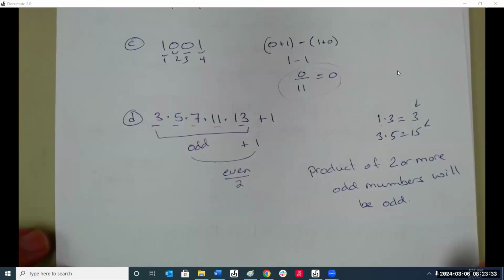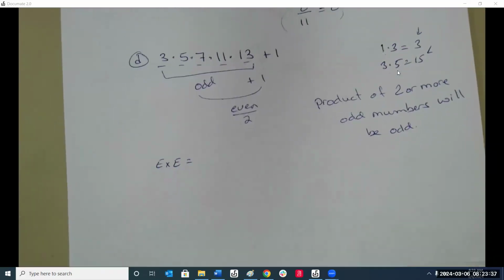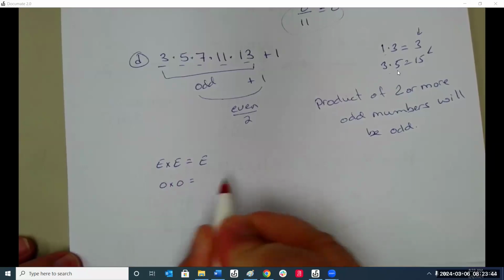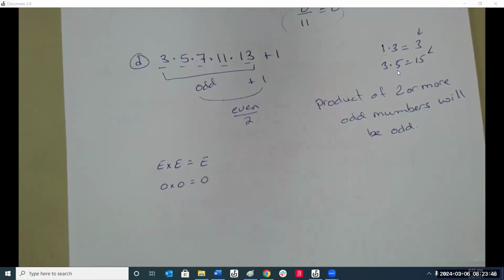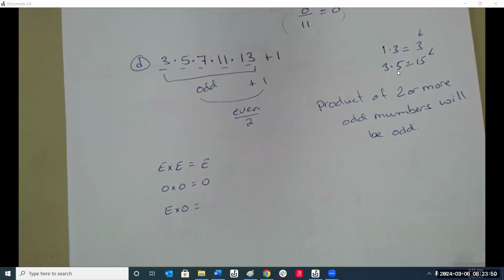If we take an even number times an even number, what's that going to equal? Even. If we take an odd number times an odd number, it's going to be odd. How about an even number times an odd number?